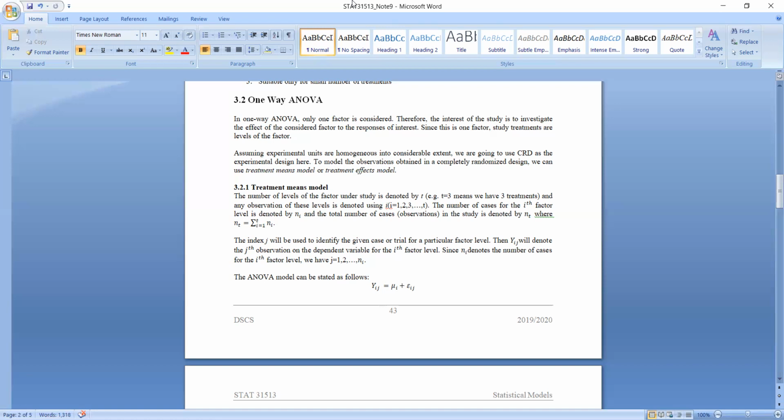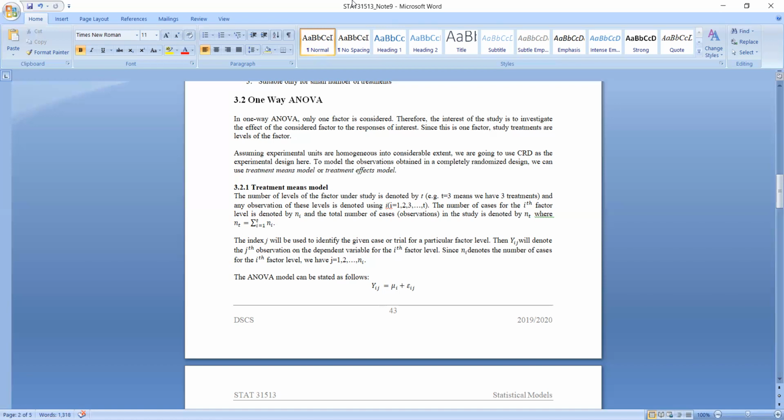For example, in the previous study that we discussed, you have 4 teaching methods, so you have 4 treatments. The number of treatments is usually denoted by simply T. So in that particular example, T is equal to 4.